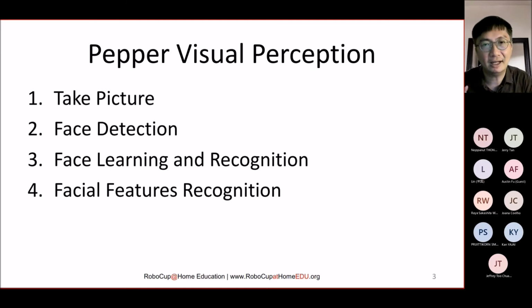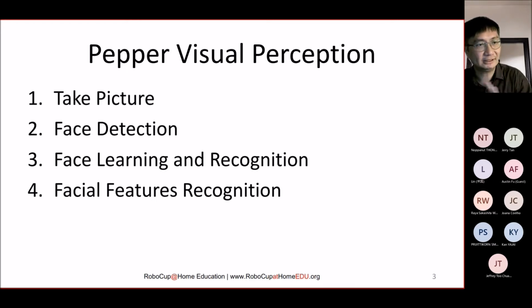Okay, then after that we have face detection. Face detection I think is very common, and a lot of people would like to have this functionality. It is very easy to implement in Pepper because the software that runs inside Pepper already has all the algorithms in place, so you just need one box to call the function and you can have the result.